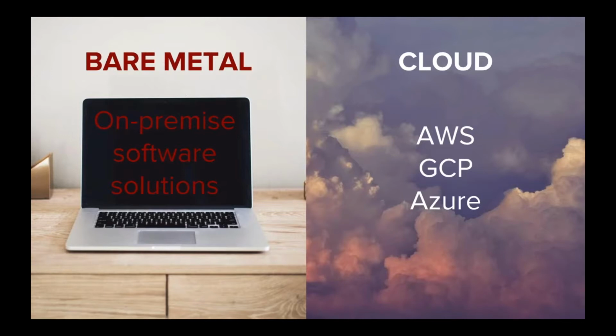If you go for bare metal, it means the software you will run will be on premise. If you go for a 100% cloud solution, obviously you can rely on AWS, Google, and Azure platforms. We have images available on each of those three platforms.